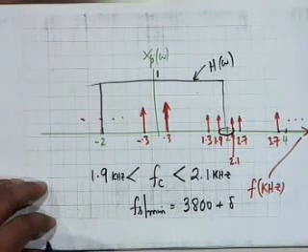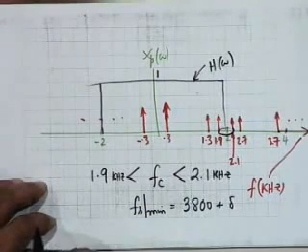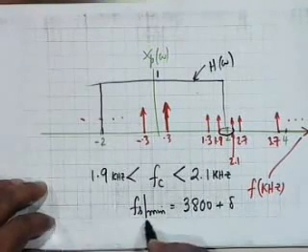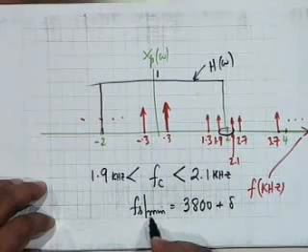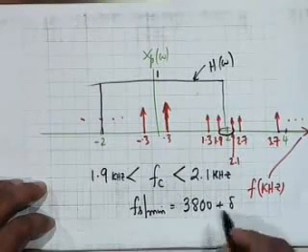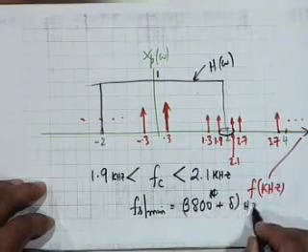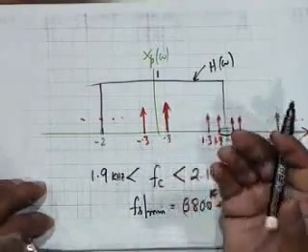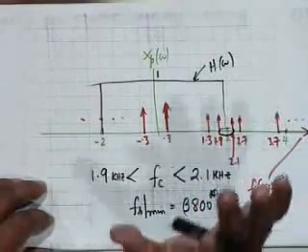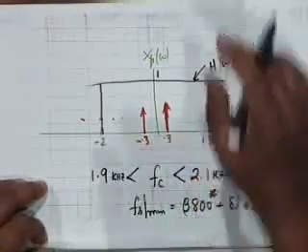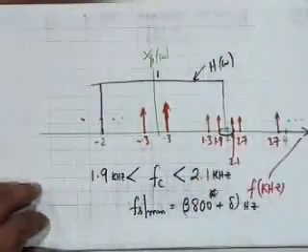Factor of pi? Pardon me? No, Fs minimum. Fs, sampling frequency, there is no pi. 3800 hertz, 3800 plus delta hertz. Well, if you put Fs minimum as 3800, the answer is acceptable. In theory, yes, it is acceptable. But for practical purposes, it must be this plus delta.